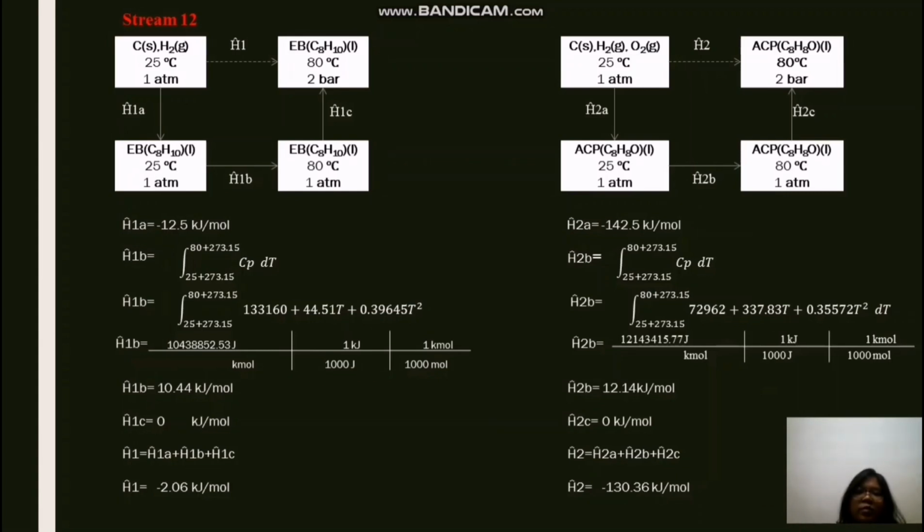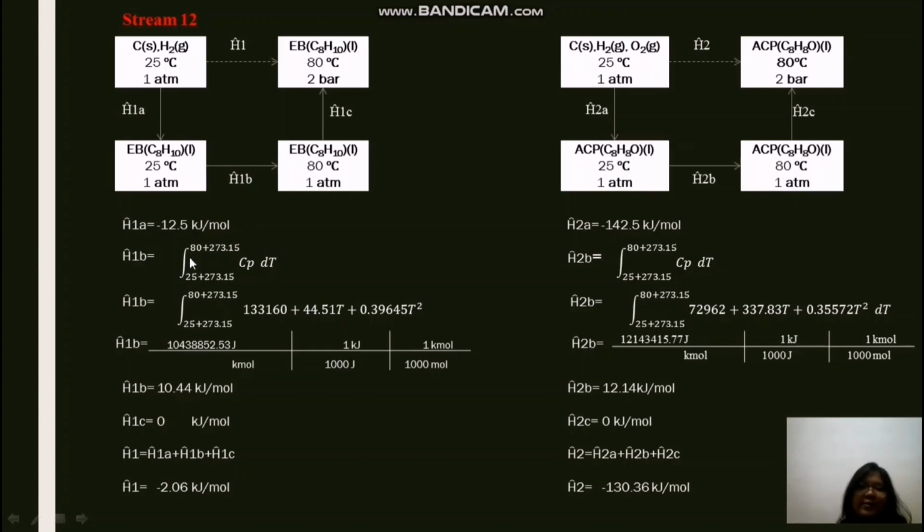Then, we draw the hypothetical path for every substance in stream 12. We're solving this hypothetical path by using the heat of formations method. So first of all, by using the heat of formation of liquid, we can form EB in liquid at 25 degrees Celsius. Then to get the desired 80 degrees Celsius, we need to use CP to calculate the enthalpy.